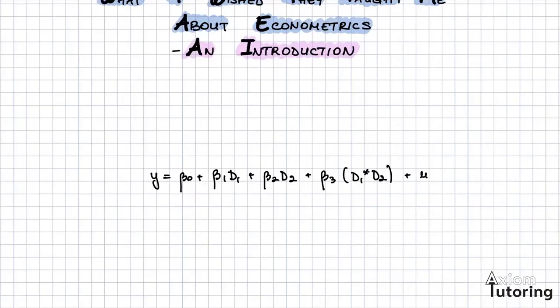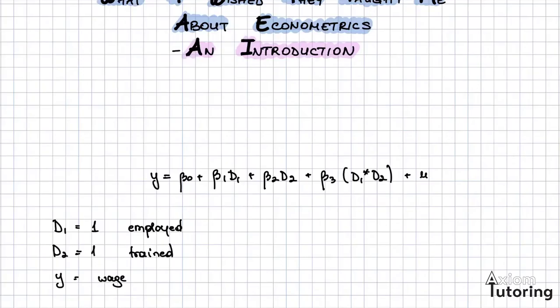Okay, and in here, d1, we will think of it as a dummy variable that is equal to 1 if you are employed. The second dummy is if you were trained. And as usual, keep in mind, y is just your wage or salary.